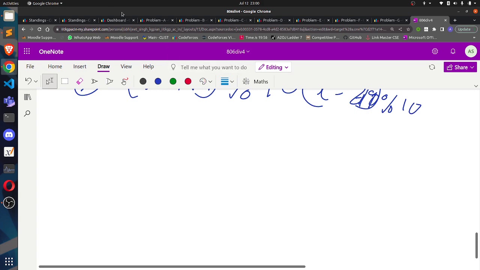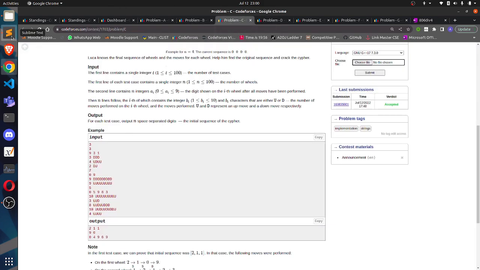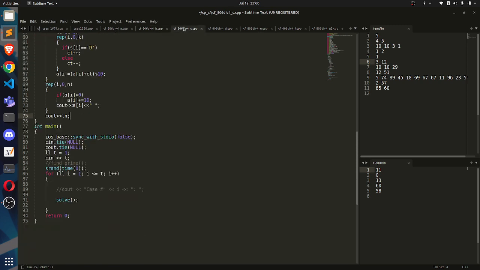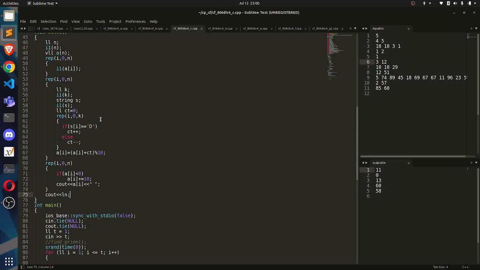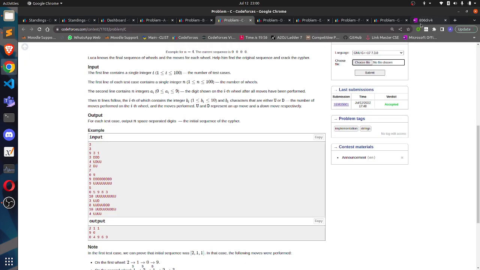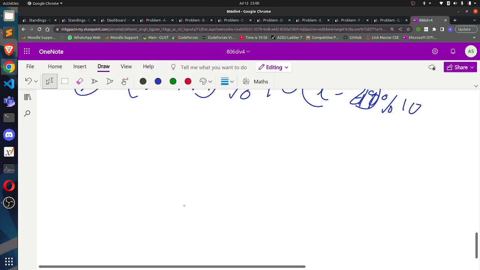I will explain it in the code. For the changes in each digit, if it is D I am incrementing it, and if it is U then I am decrementing it, and then taking the count modulo 10.